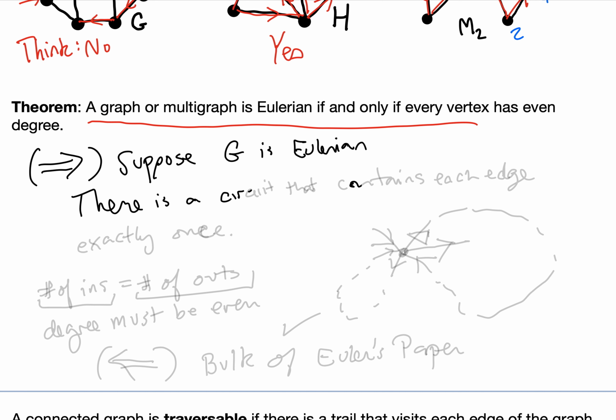a circuit that contains each edge exactly once. And let's think about, if that's true, what happens at a vertex of G? So we've got a vertex of G, and there are some edges incident with it.